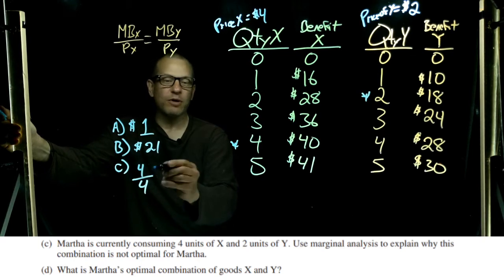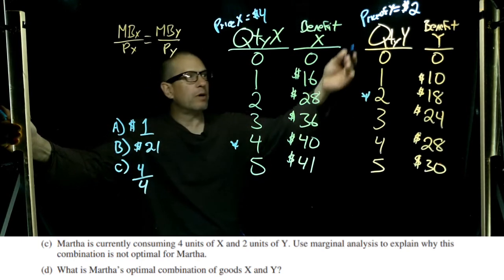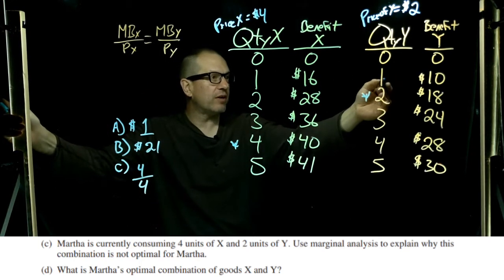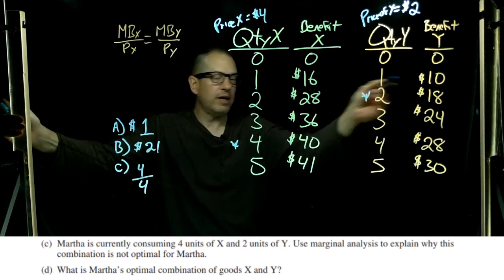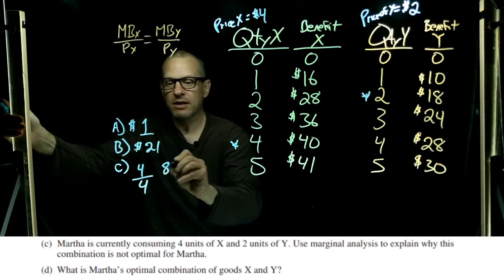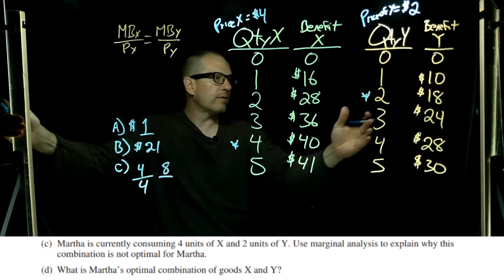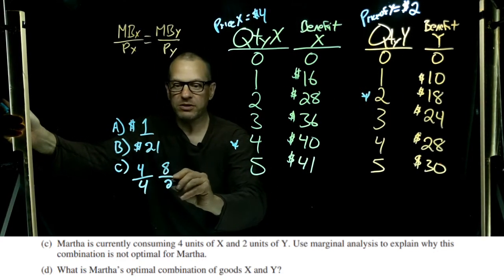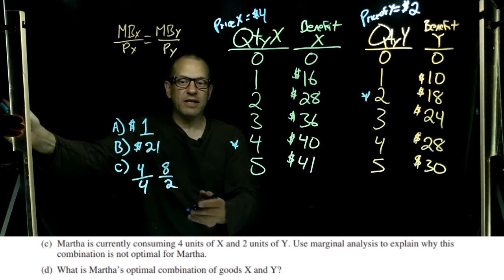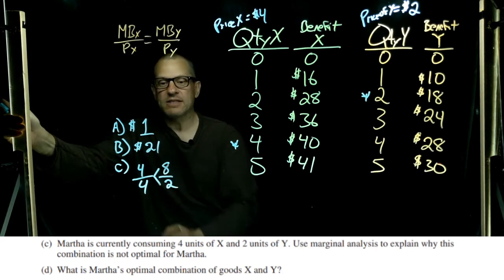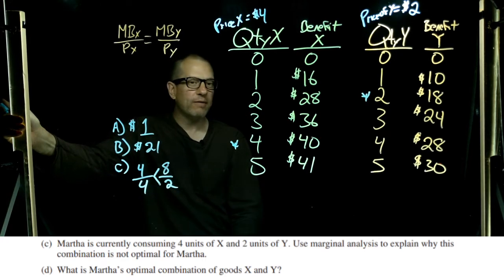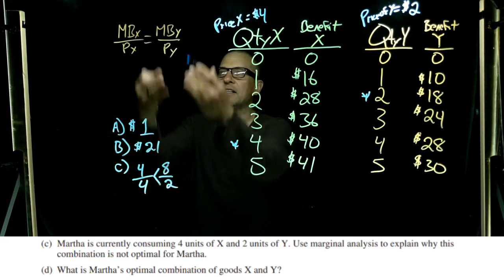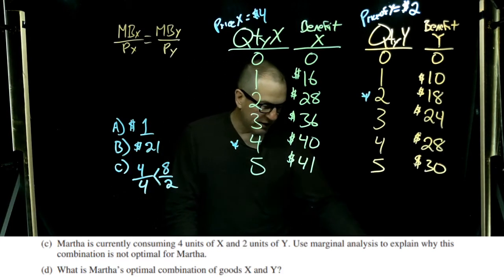So that's going to equal, we want it to equal what the marginal benefit is here, and we can see that the marginal benefit of consuming the next unit 2 here would be 8, over the price here, which would be 2. And as you can see, this does not equal out at all. 1 does not equal 4. So using marginal analysis, that's how we can figure out C right there.